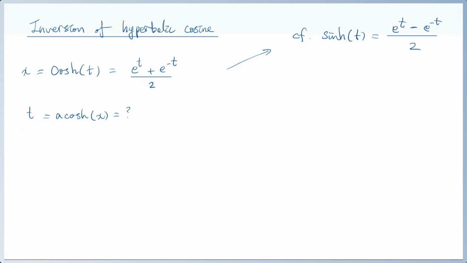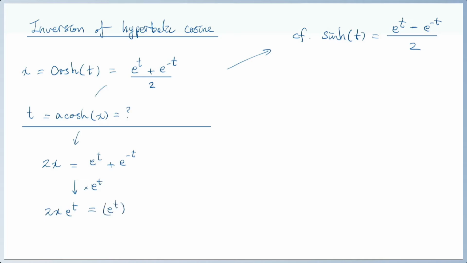And here's the algebra that goes under the hood. So let's multiply both sides by 2, and then multiply both sides by e to the power of t. So I get 2x e to the t equals e to the t squared plus 1.